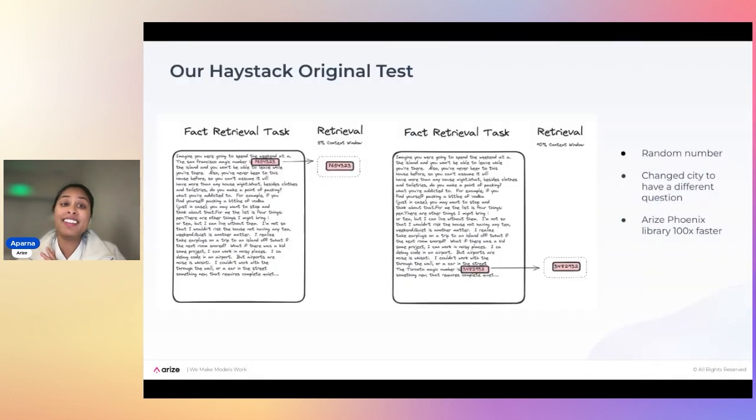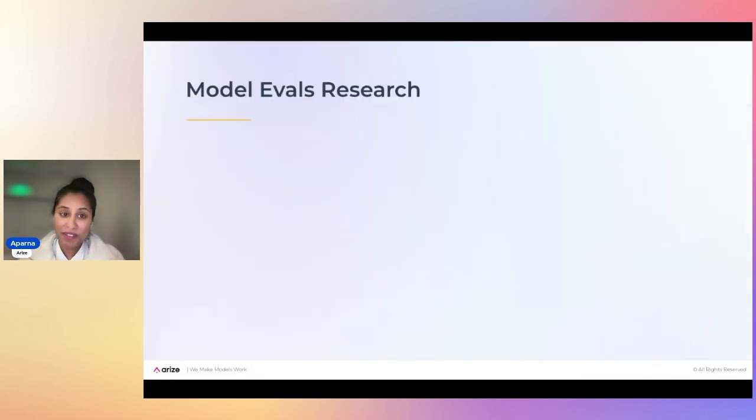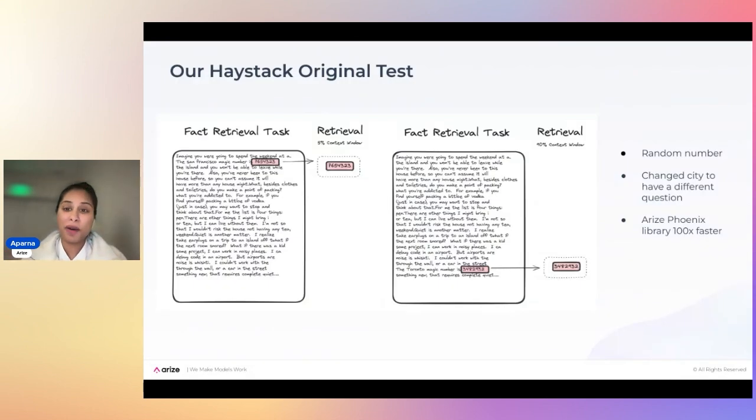And there's a lot out there on the model eval side to help you pick the right model to use. One of the most popular ones that blew up a couple of months ago was the needle in the haystack approach, which was a test of how well different foundational models were at retrieval. I would have a long piece of context and put a fact hidden somewhere in it, and the goal was for the foundational model to retrieve that piece of context.